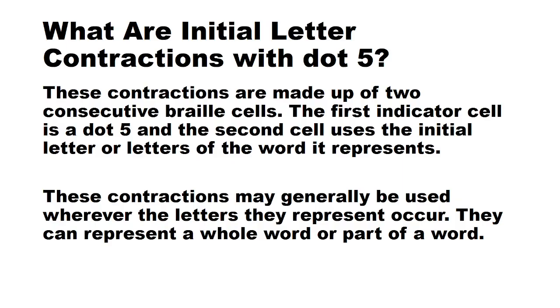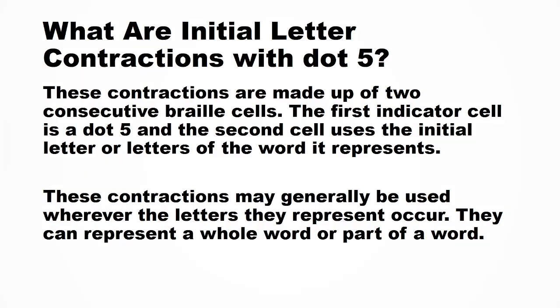Now, these contractions may generally be used wherever the letters they represent occur. They can either represent a whole word or part of a word. So they can stand alone as a whole word or they can be part of a word.